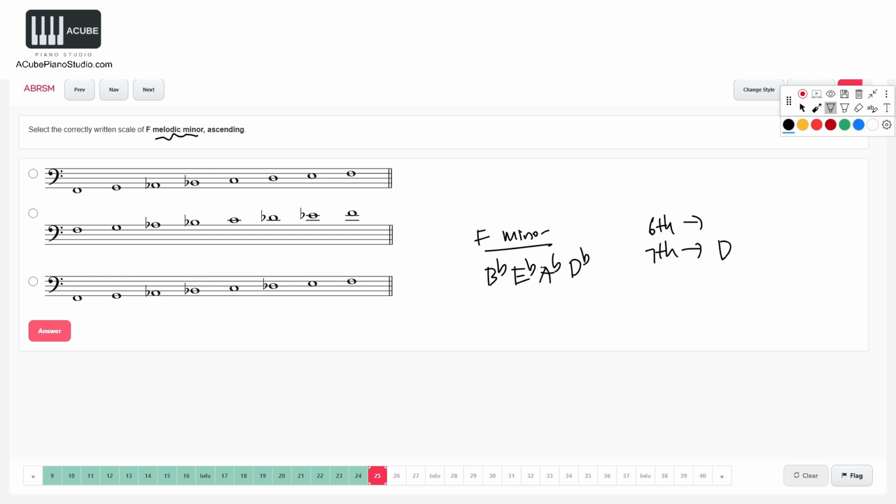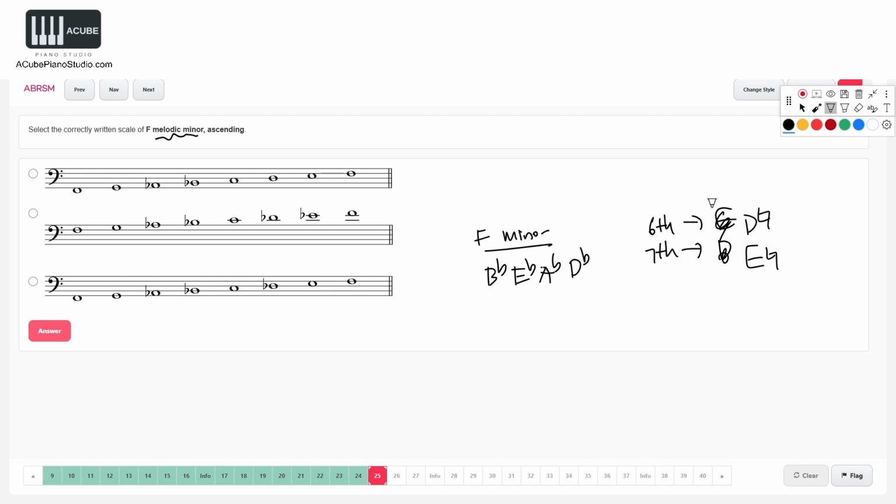D is the 6th note and E is the 7th note, right? Because D has a flat, when you sharpen a flat, it becomes D natural, or simply D. Similarly, in F minor, you have an E flat in the key signature. If you sharpen a flat, it becomes natural, so it's also just E.